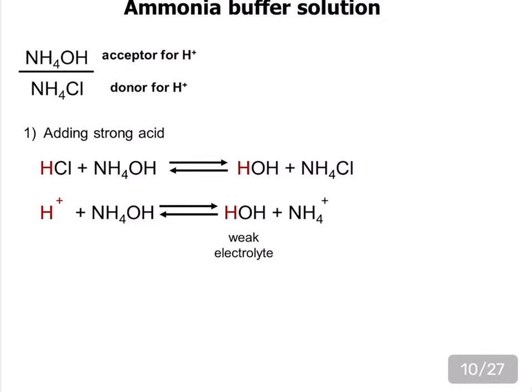It is represented by a weak base, ammonium hydroxide, and its salt, for example, ammonium chloride. The weak base is an acceptor for protons, and its salt is a donor for protons.